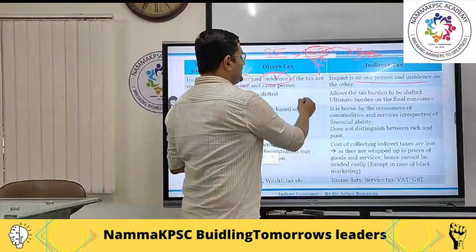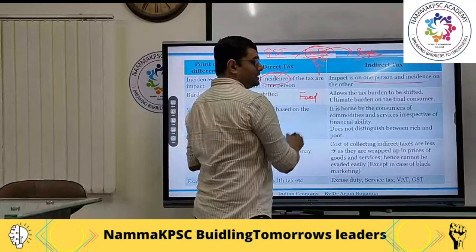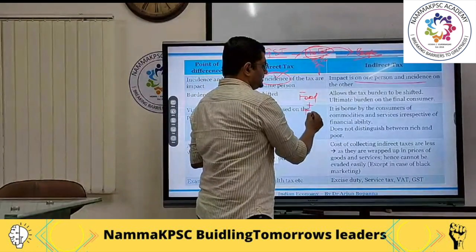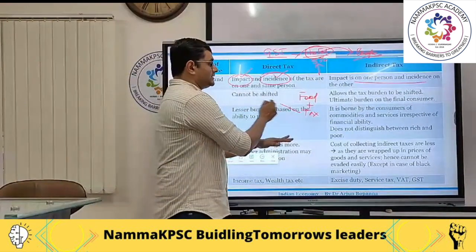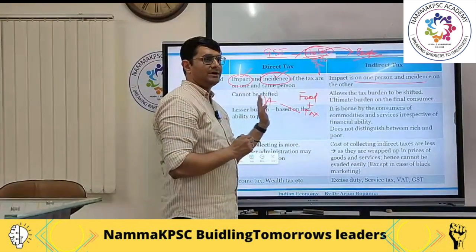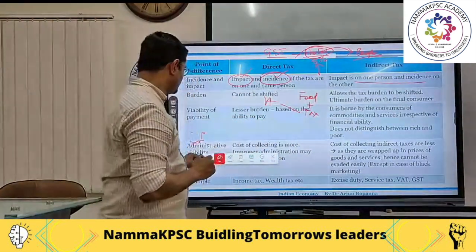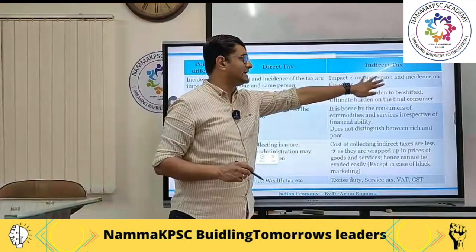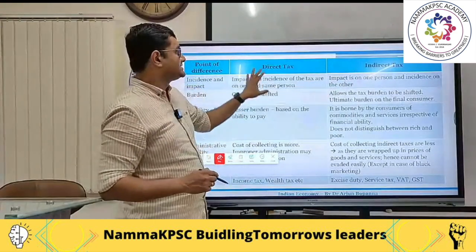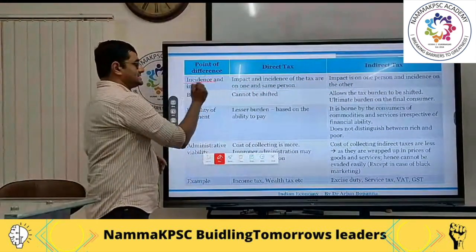So you pay for the food and the GST also. The GST is on the hotel, but it is transferred to you. As simple as that. So impact is on one person and incidence on the other, whereas direct tax is this one.